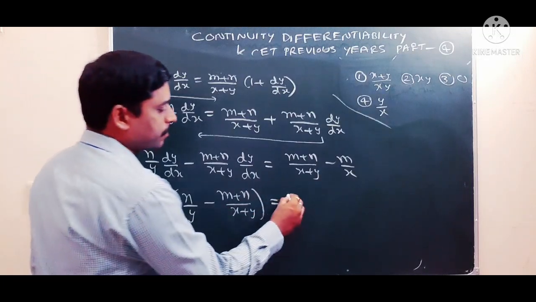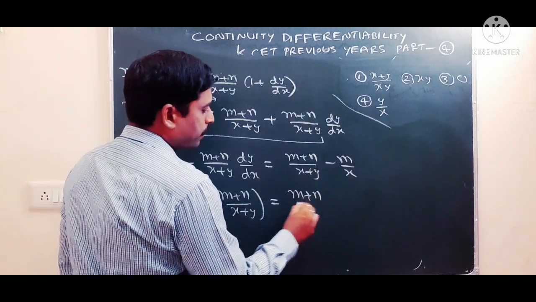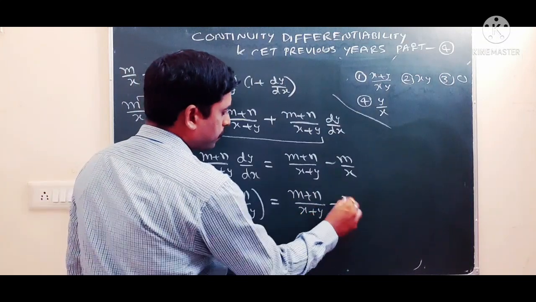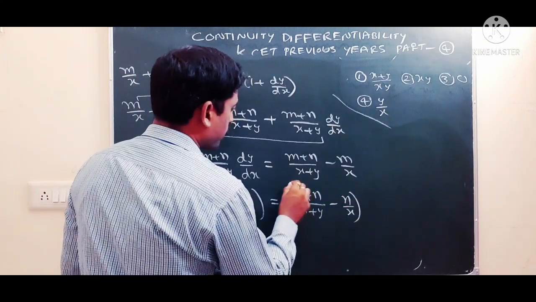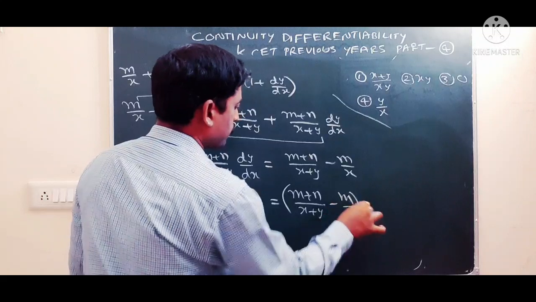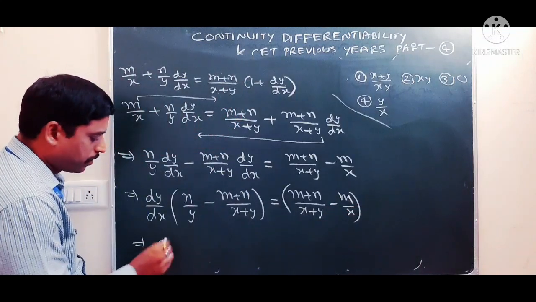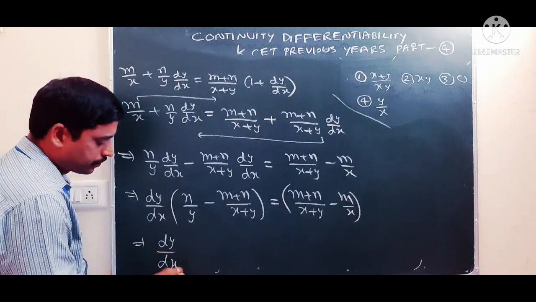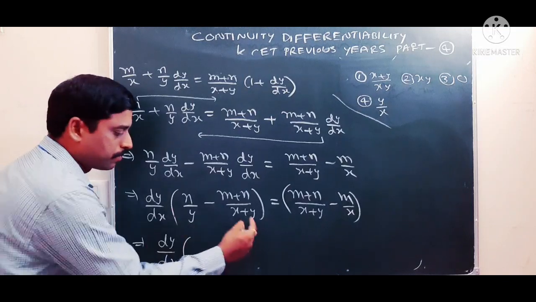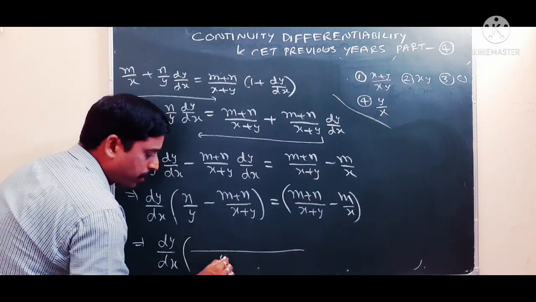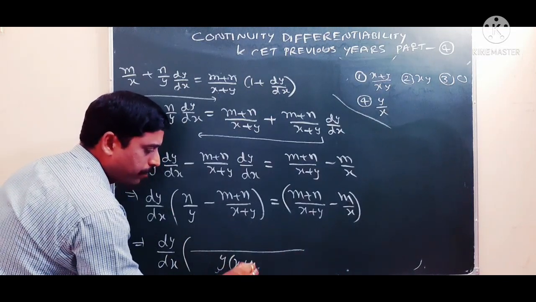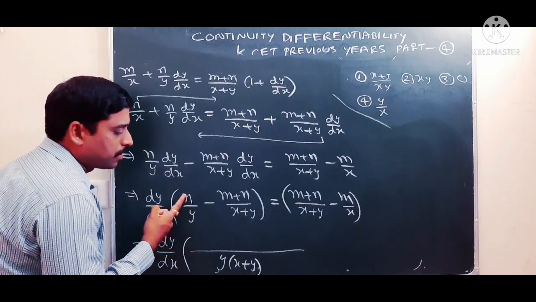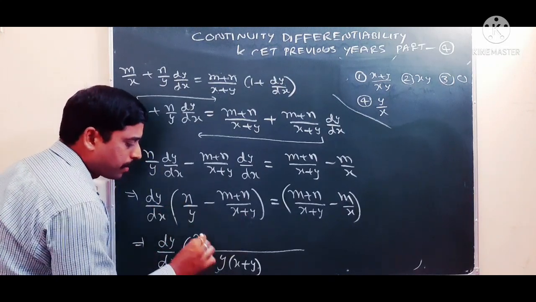On the right side, write as it is. Therefore dy by dx into, so let us do the LCM. What is the LCM? y into (x plus y). After LCM, this n multiplied with (x plus y) gives nx plus ny.